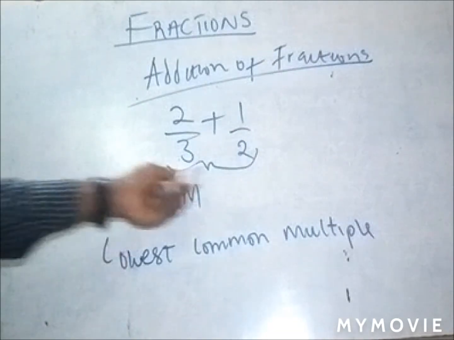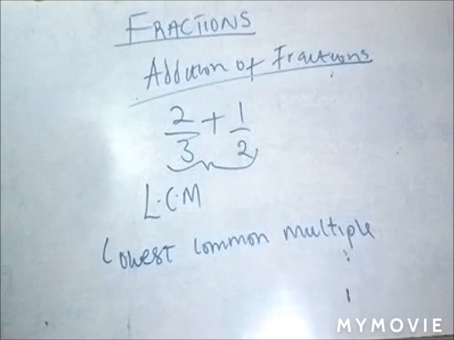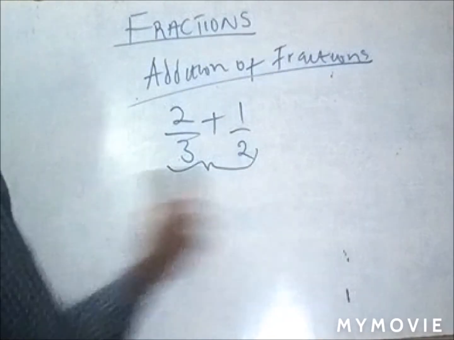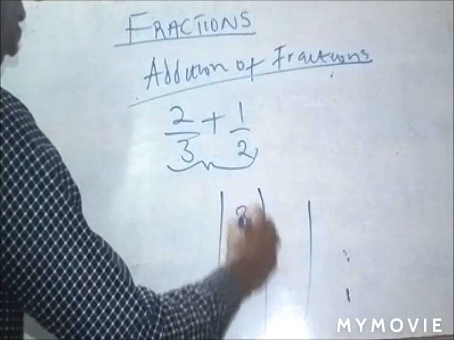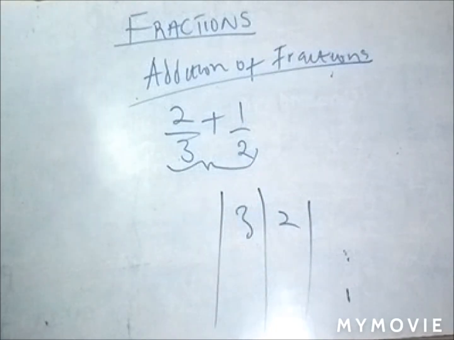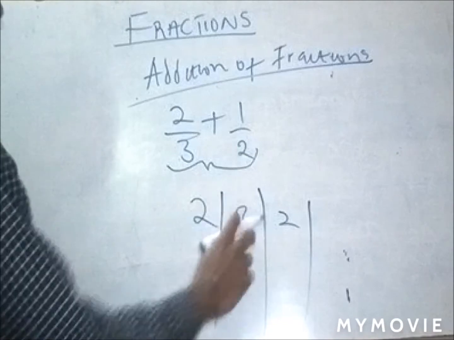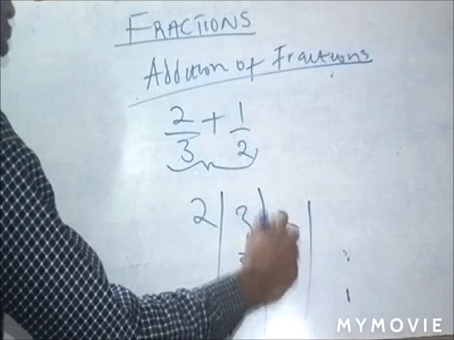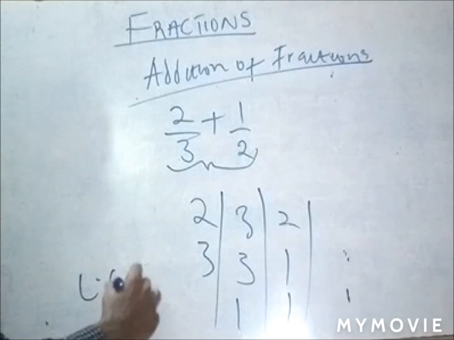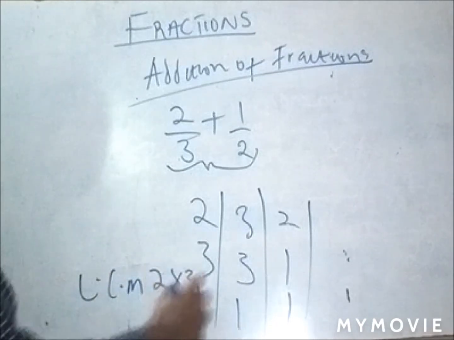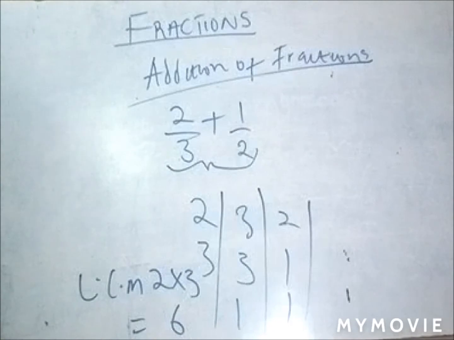To find the LCM of 3 and 2, you most times draw a table, pick the lowest one first, and 2 can go into this, you bring 3 down, 2 can go into this one, then 3 next, and 1, 1. So the LCM will be 2 times 3, and it's 6. So that's how you find LCM.